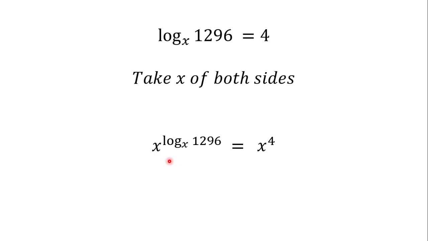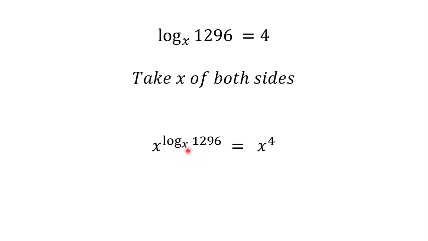In this case, this one is our a, this one is also our a, and this one is our b. So you could see that this and this will cancel out, and it will be left with 1296.